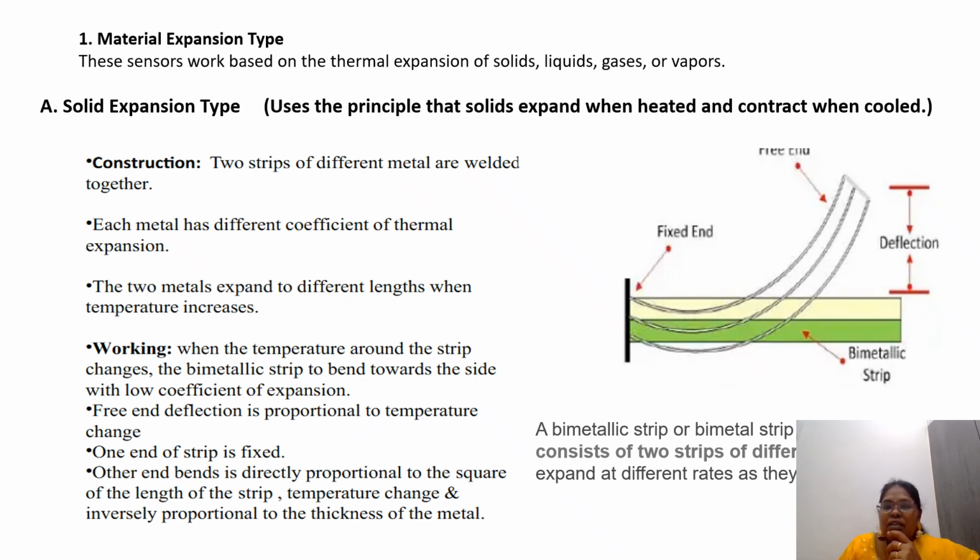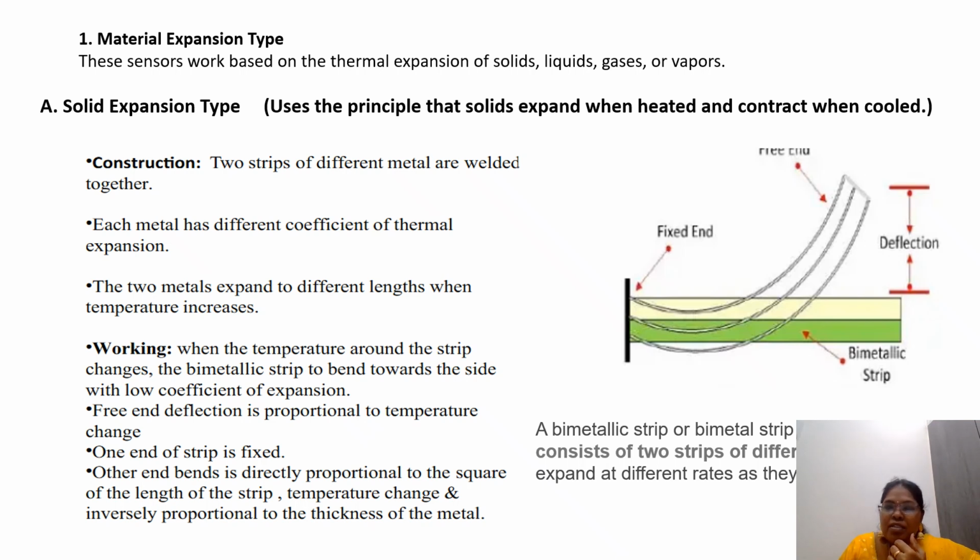Here I have taken a bimetallic strip. These two strips are joined at one end, and the other end is free. Now when the strip is heated, what will happen? Based on the coefficient of expansion, one may expand very quickly, so one of the metals will expand and the strip bends. Here I have two strips. Due to temperature, it expands like this.